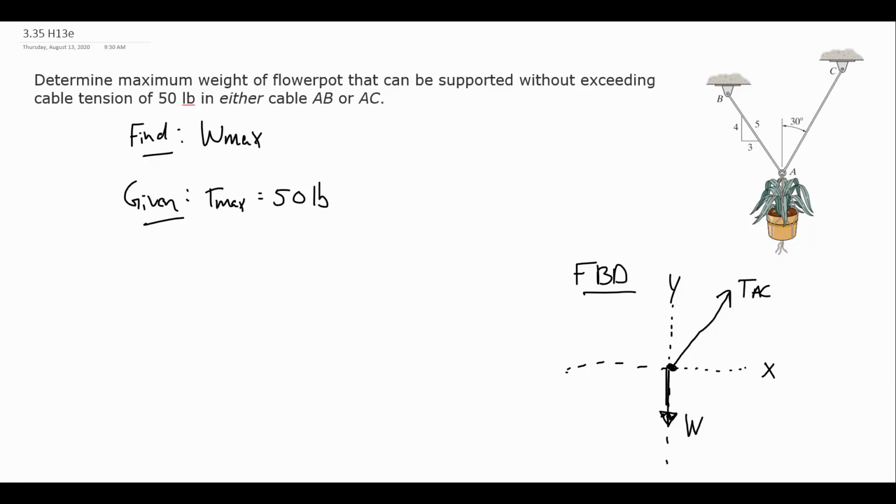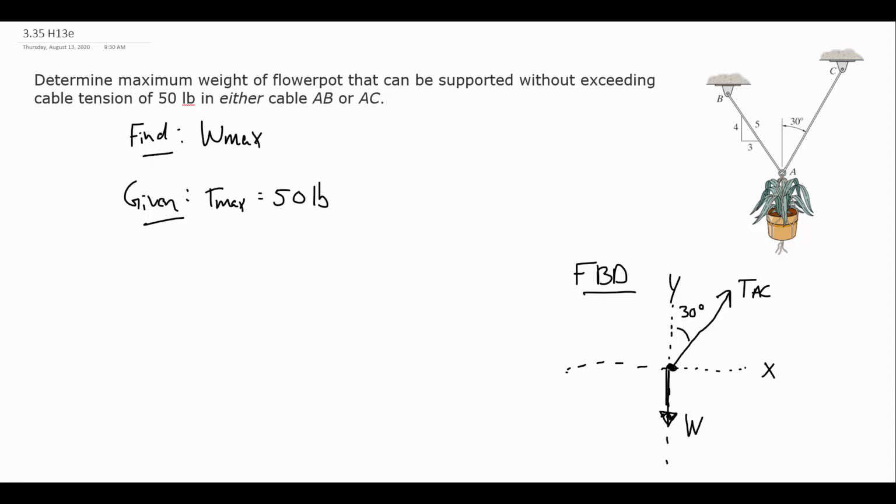We're going to see when we test out which is correct. It's very, very unlikely that they will both be 50 at the same time. So at this moment, I don't know its value, so I'm going to leave it as TAC. And we were given that it makes a 30-degree angle with the positive y-axis, so I will just keep that.